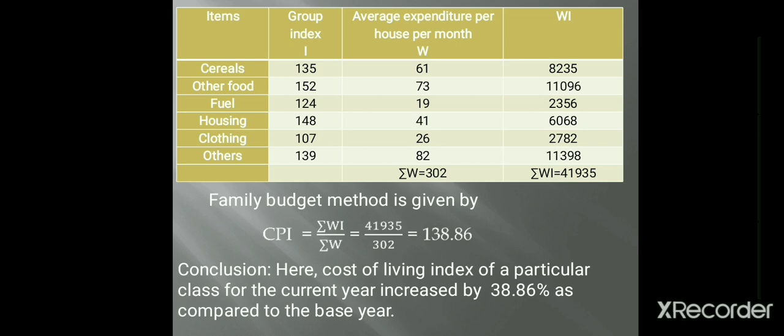The last value, 82 multiplied by 139, results in 11,398.